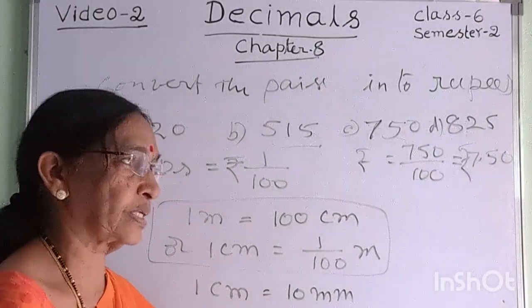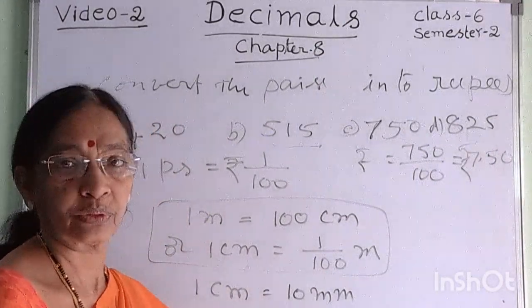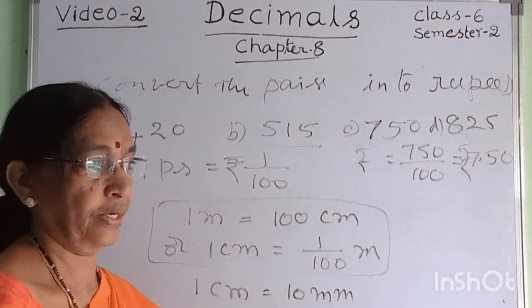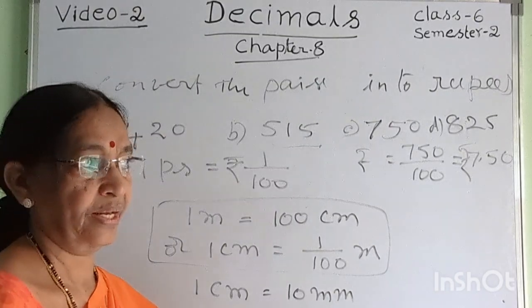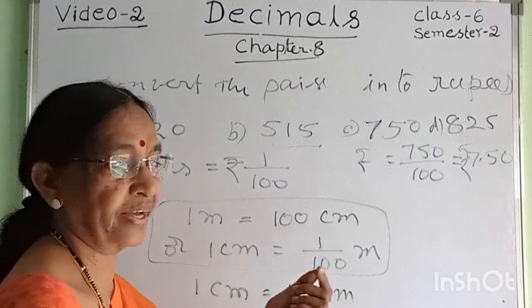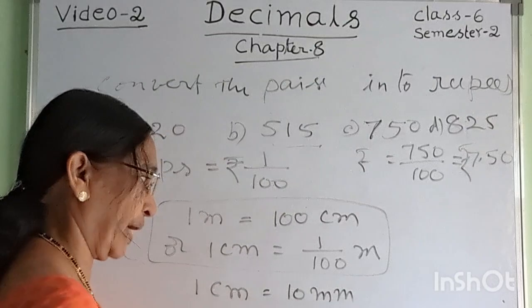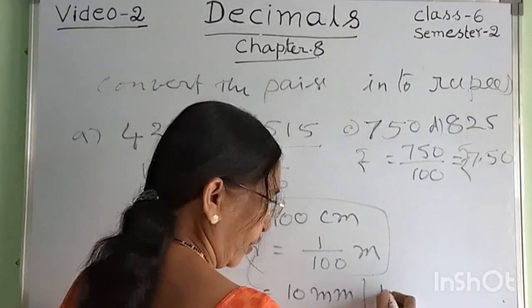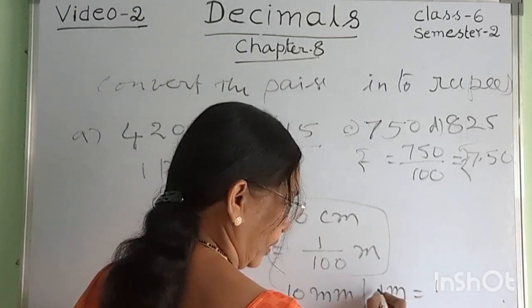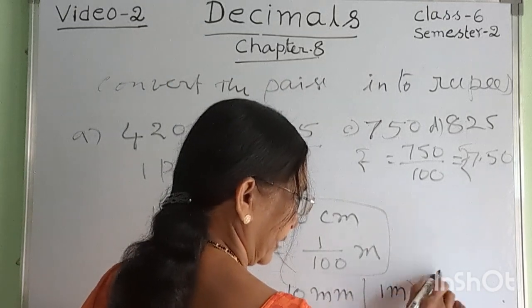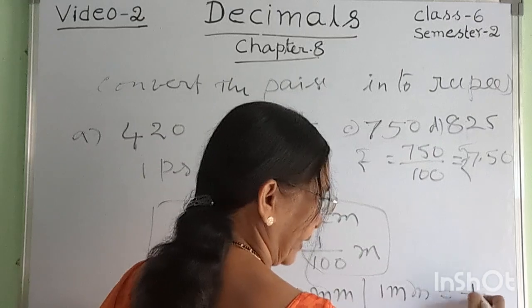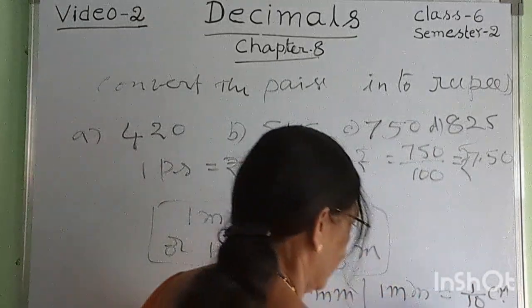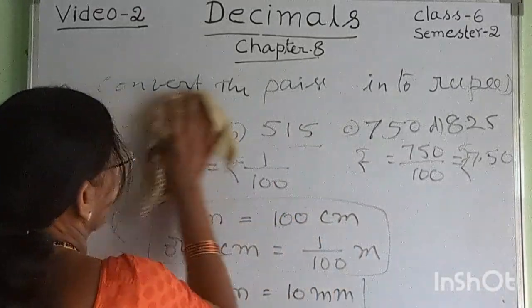Millimeters are used to measure very small lengths, like the length of insects, rice grains, bacteria. So 1 centimeter is equal to 10 millimeters. Therefore, 1 millimeter is equal to 1 by 10 centimeter.